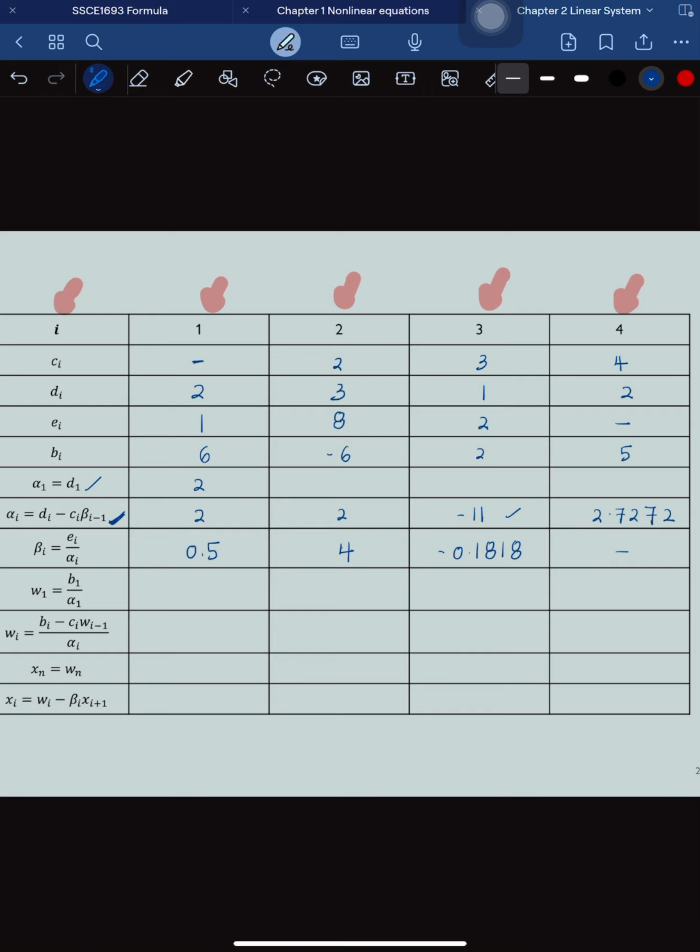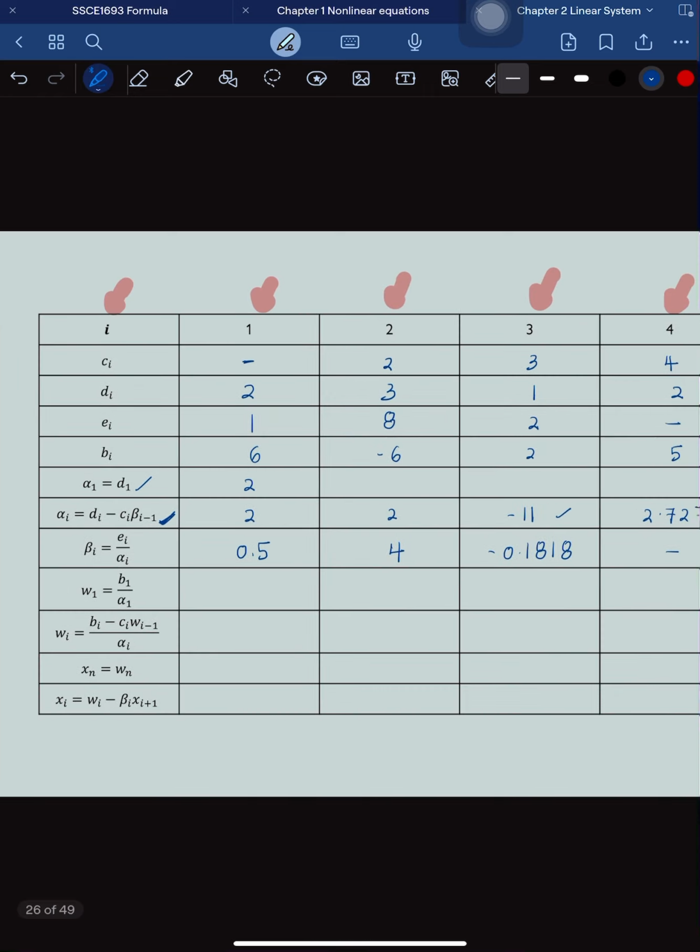Now we need to find the W. Only W1 has the value with the formula B1 divided by alpha 1. So 6 divided by 2, we get 3. Now this is our next calculation.